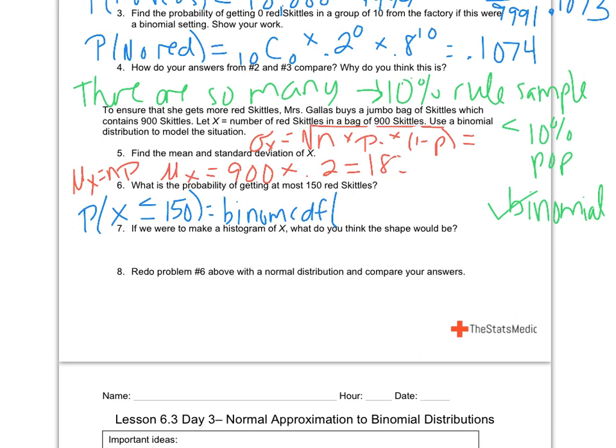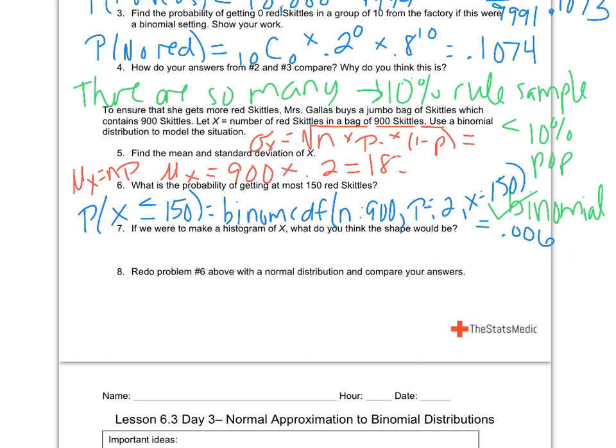With my sample is 900. My probability is 0.2, probability of success, right? And my X equals 150, which is going to give us 0.006.